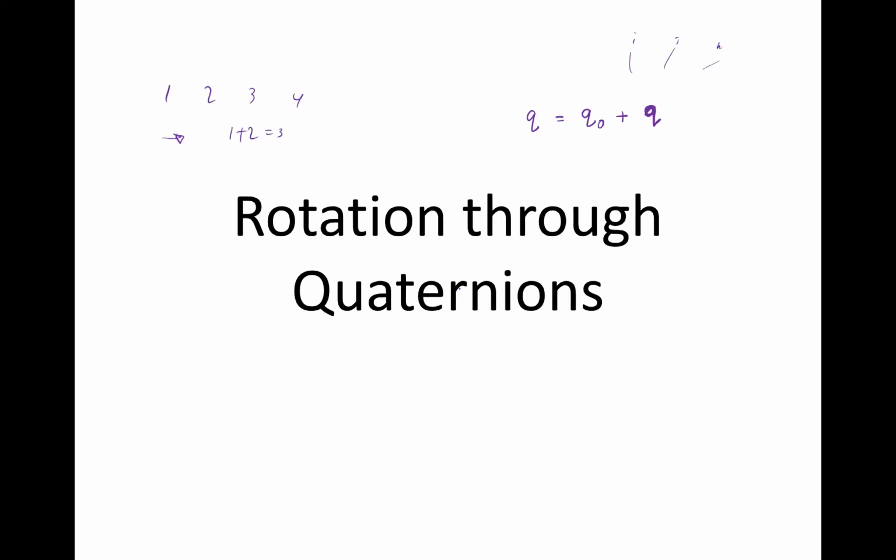Okay, now having known these rules, we should look at what exactly is achieved using the quaternion. What are the physical, the practical implications of the quaternion in terms of rotations, right? So let's see what it does.